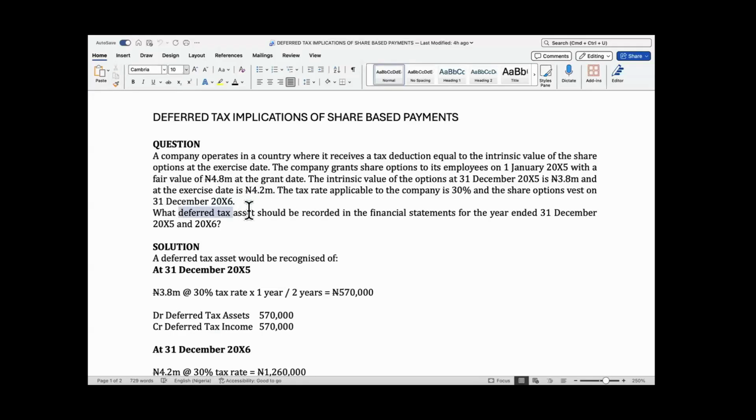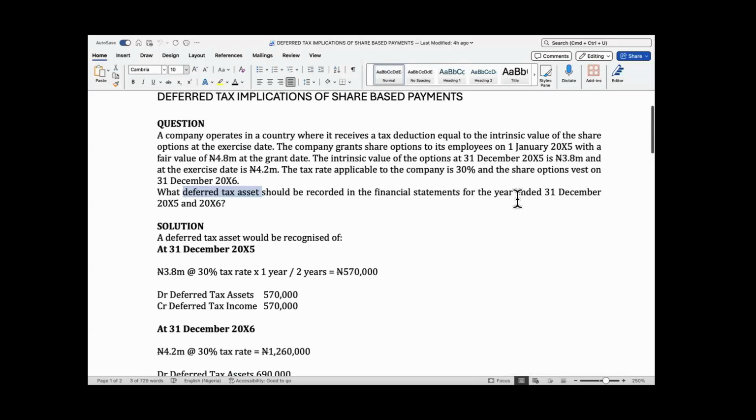The examiner can, of course, conveniently ask you what's the deferred tax asset, because when it comes to share-based payments, you are getting a deduction in the future at the exercise date. So it will always result in a deferred tax asset.